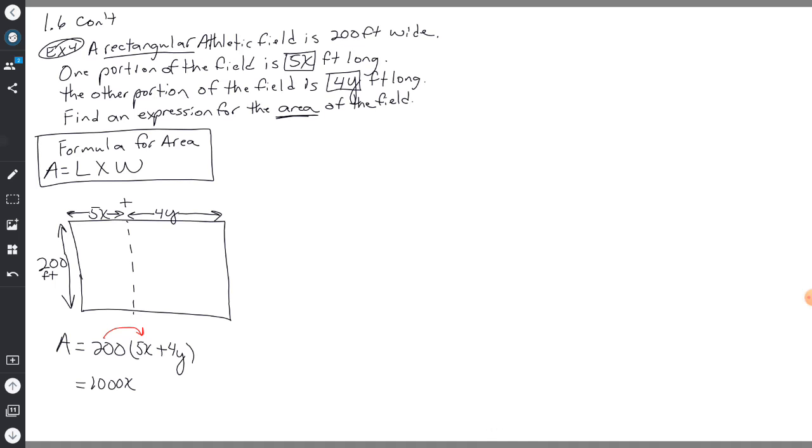And what about 200 times 4? So plus 800y, and that would be our expression for this particular problem.